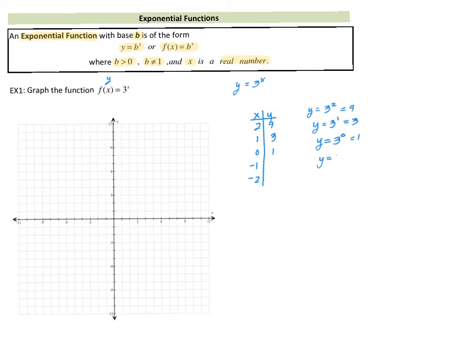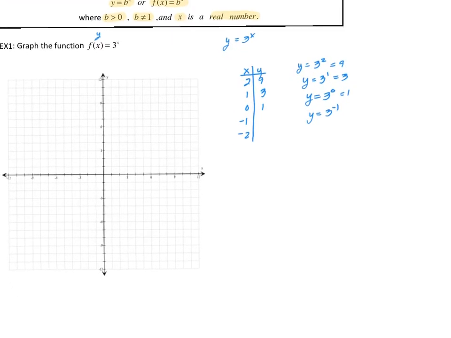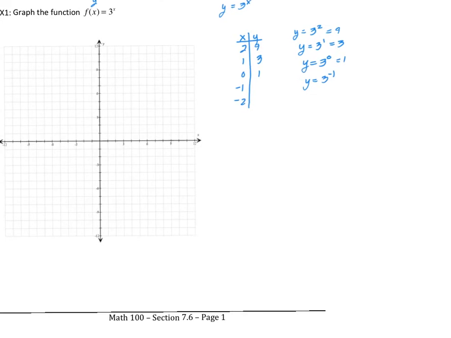Now comes the fun part. What do you do with the negative exponent? Then you have to use your properties of exponents. Remember, this is 3 to the negative 1 over 1. To make an exponent positive, you flip everything or take the reciprocal. Well, not quite the reciprocal, because you're going to make the exponent positive. So it's going to be 1 over 3 to the positive 1, which is simply 1/3. Remember, you can be using your calculator as well.